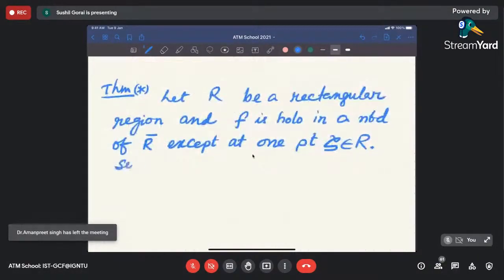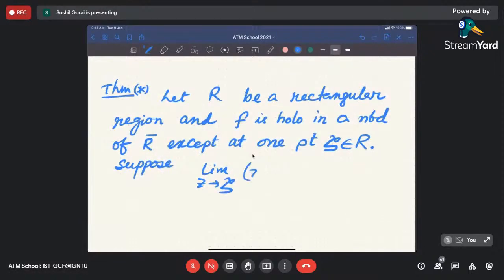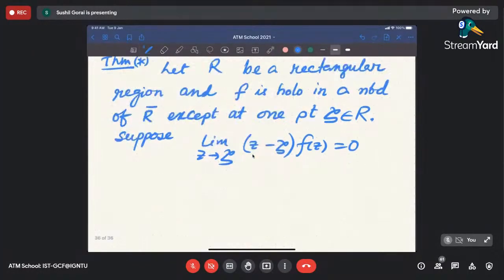Suppose limit z tends to zeta, z minus zeta times f(z), is 0. Then the integral over the boundary of R of f(z) dz is 0.